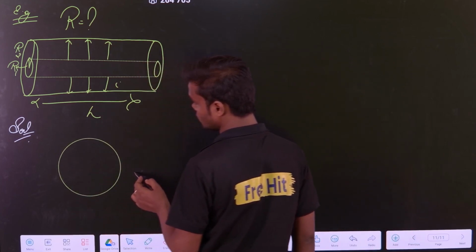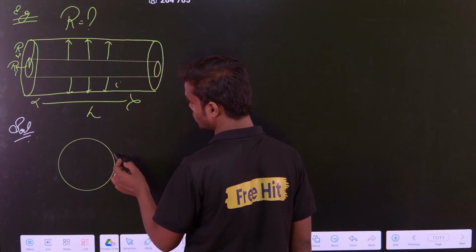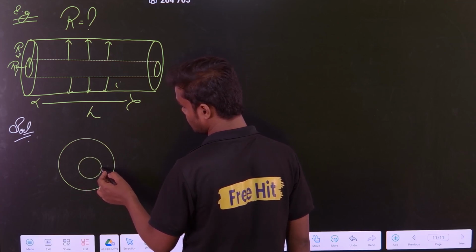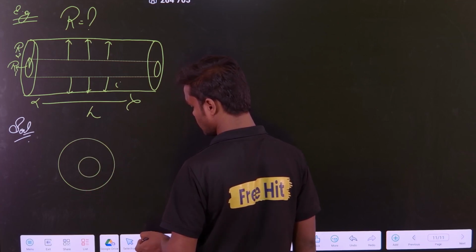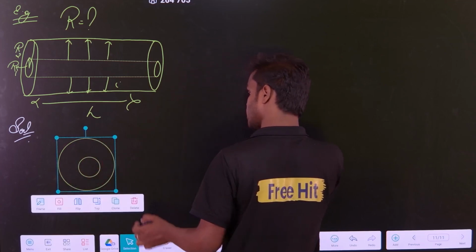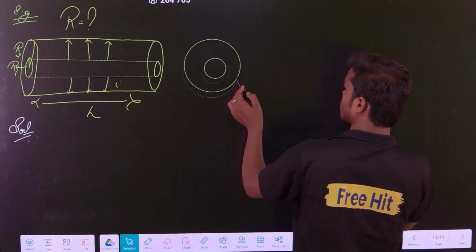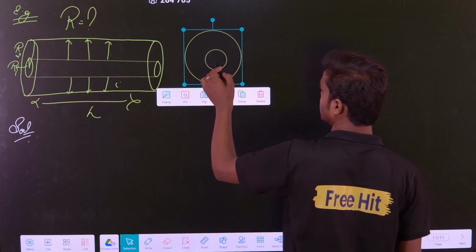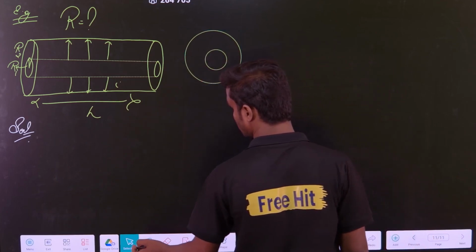So how will we do it? First we have to take an element, and how to take the element? Basically this is our case: two cylinders, or you can say two surfaces.